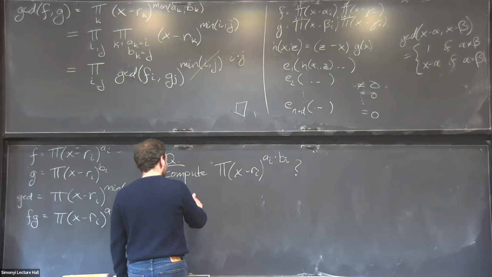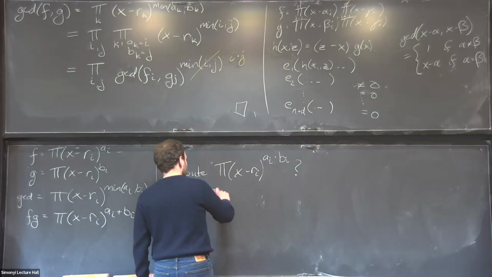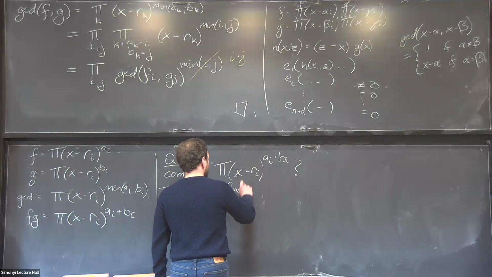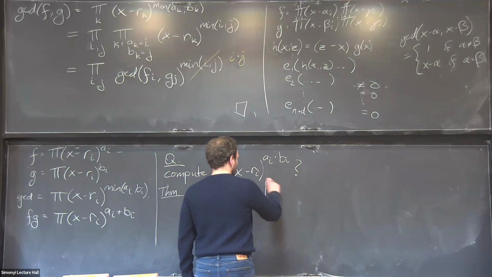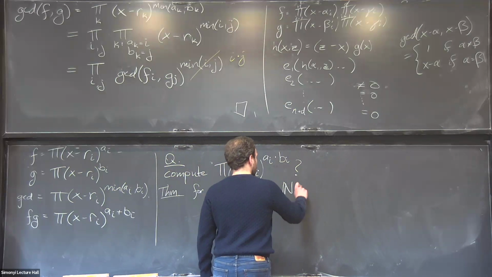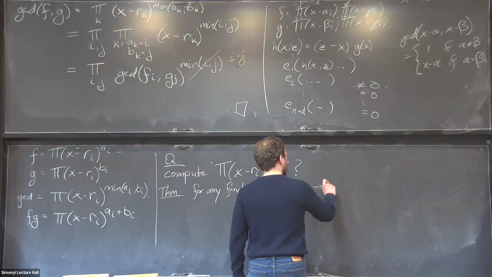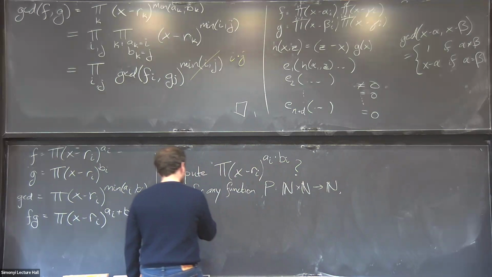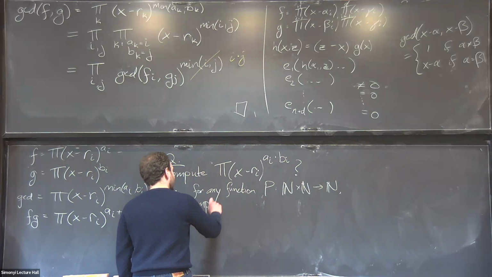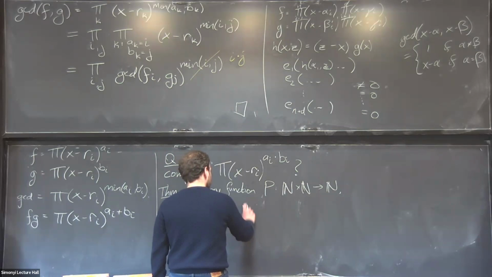So we get something very nice, for any function, say E, that takes a pair of natural numbers and gives you back a natural number, we can apply E to these exponents, right?